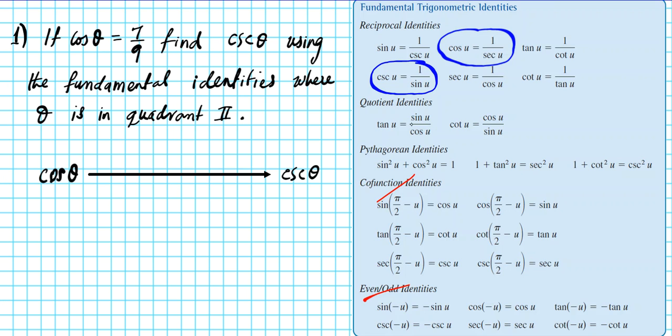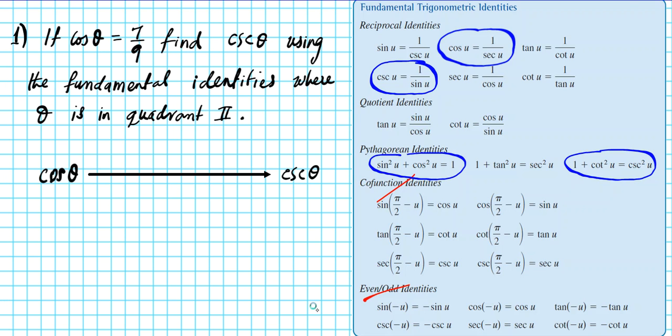And then if we go to the quotient identities, cosine and secant, cosine and secant, none of them. This has 3, this has 3. Let's take a look at our Pythagorean identities. We have cosine and sine. And then we have cosecant and cotangent. So which of these identities can we use to go from cosine to cosecant?